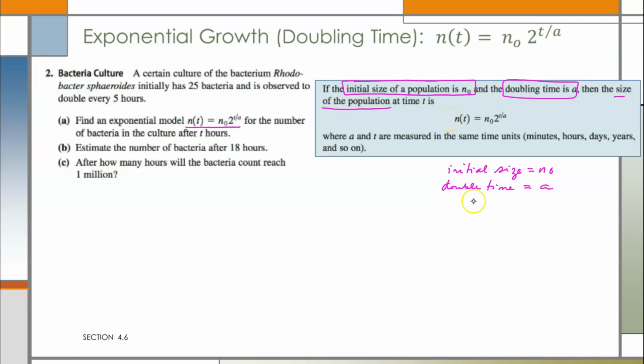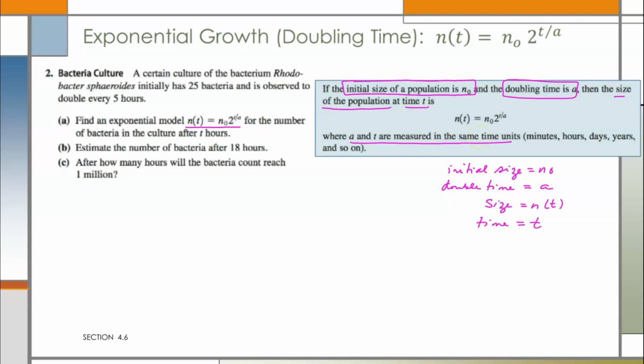That's the formula that we're working with. And time is t. a and t are measured in the same units. So if we're given doubling time in hours, then time t must be in hours. If doubling time is in minutes, then time t must be in minutes. The measured units are the same.